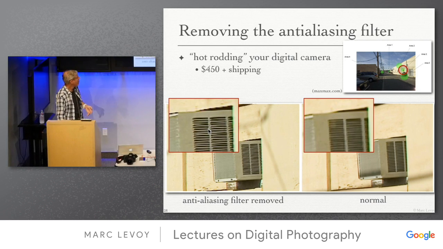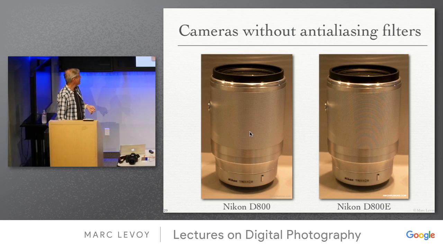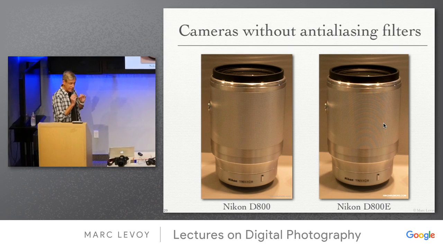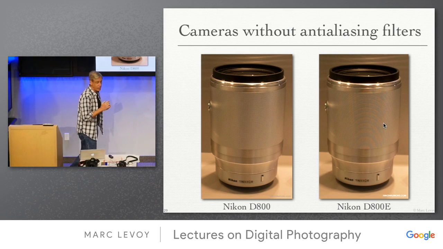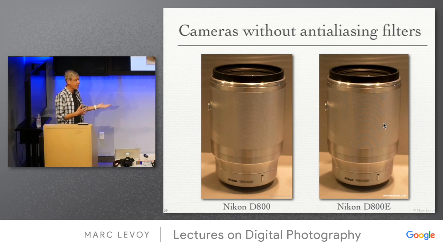So here's a more severe example of that. This is a picture of a lens taken with a Nikon D800 or the D800E, which has the anti-aliasing filter removed. These don't necessarily produce subtle artifacts. They can be fairly large artifacts because once it's masquerading as a low frequency, it can be very low and you can easily see it.